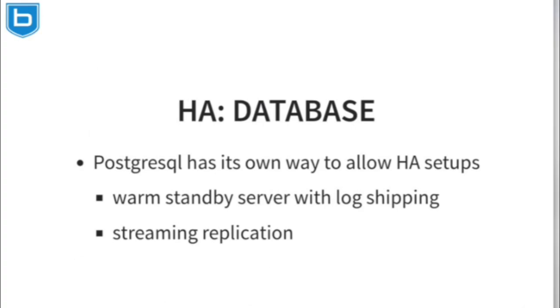A warm standby server that gets updated by log shipping, so the write-ahead logs are automatically sent over to the secondary machine, which then automatically applies the changes to the database. And with streaming replication, I think the period during which both are not in sync is even shorter. So it's very easy to have a second database server that will more or less be in sync with your main database.